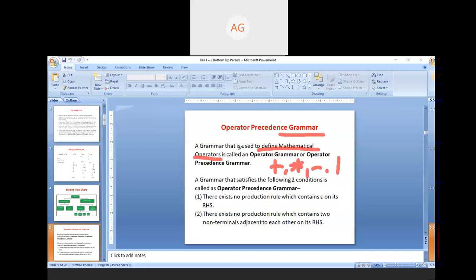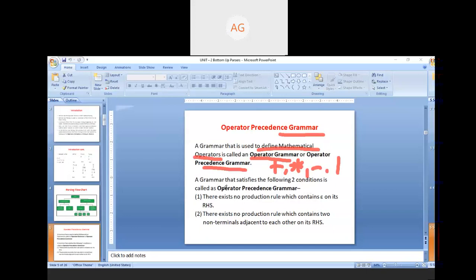A grammar that is used to define mathematical operators is called operator grammar or operator precedence grammar. And you know that these operators have some precedences over each other. They are not of equal precedences.